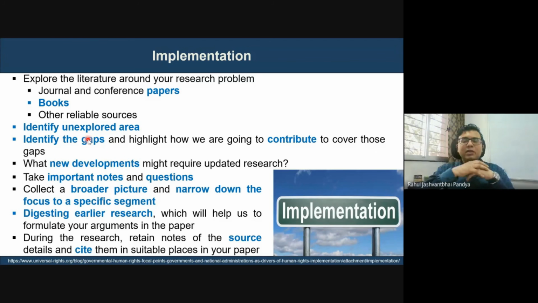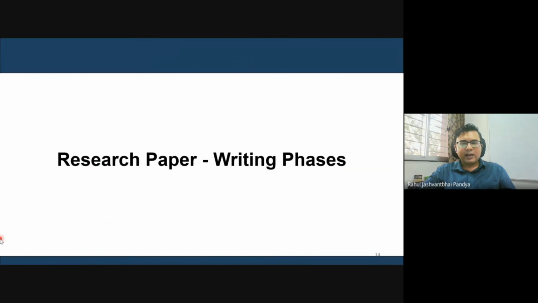So then we start executing our ideas in the field. In the field means in the labs, or if you're doing simulations, mathematical modeling, or lab experiments, whatever is suitable for your field, we start implementing them. And once substantial outcomes are accomplished, then we start writing the research paper.